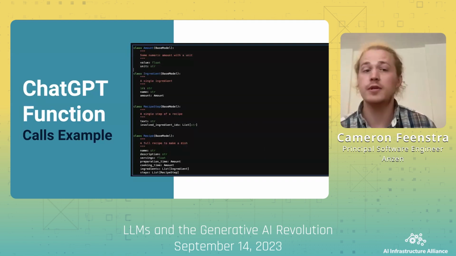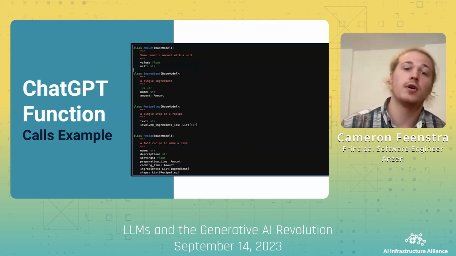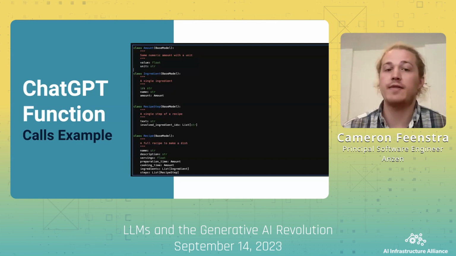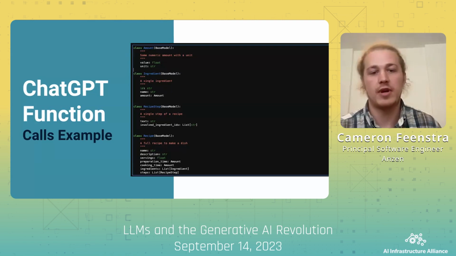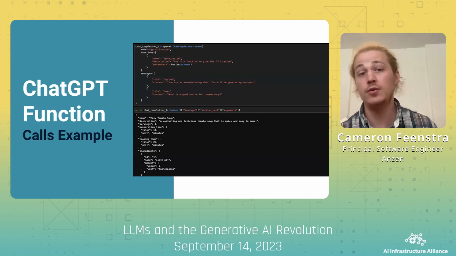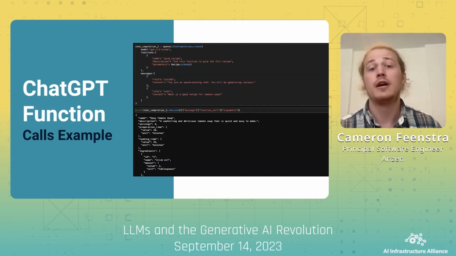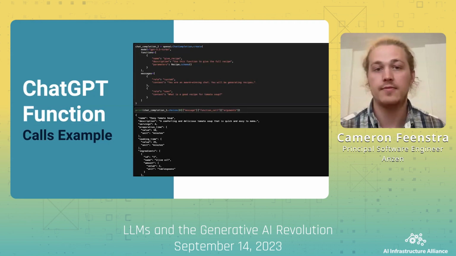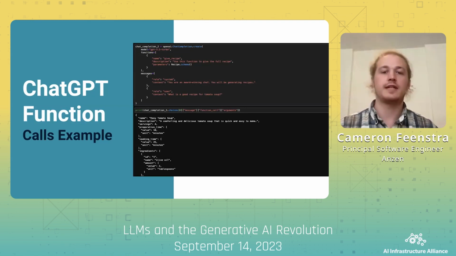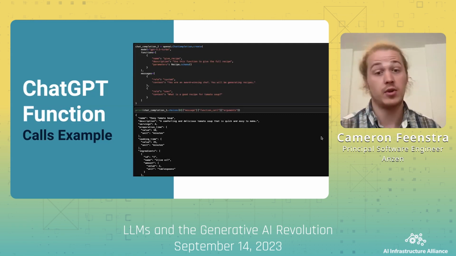Now, with function calls, this is actually a pretty easy problem to solve. So now I've actually created a schema of exactly the shape of the data I want for a recipe. And if I use that and ask ChatGPT to give me a recipe and use that function call as the output, it will actually give me exactly the schema I'm looking for.